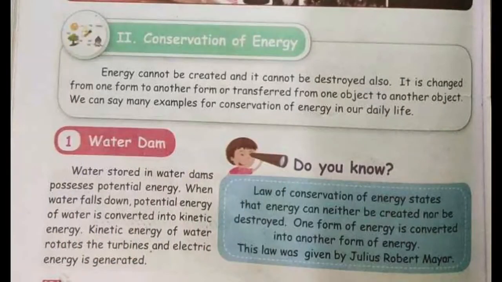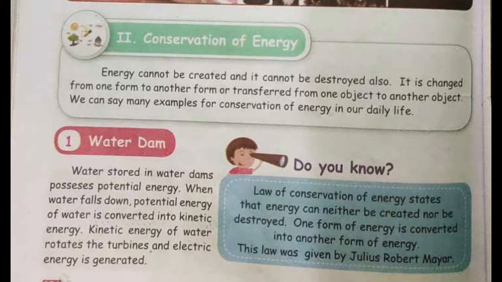Now, children, our topic is over here. Let's move on to the second part of our chapter, that is the law of conservation of energy. Law means rule. So, we are going to learn about the rule of conservation of energy.